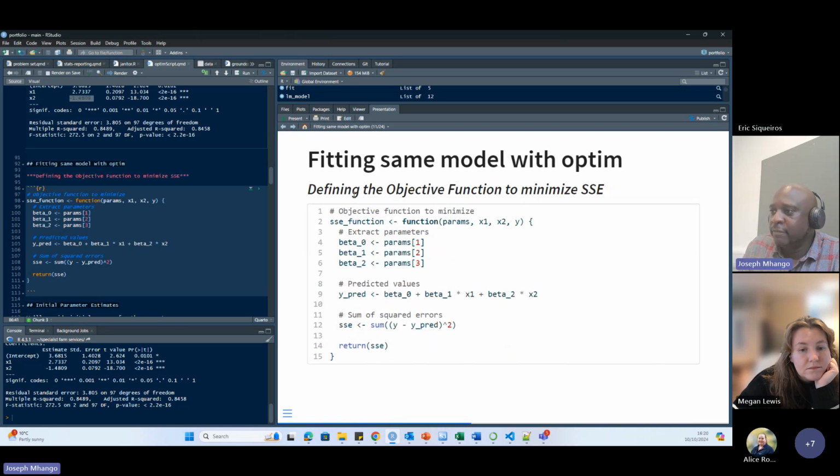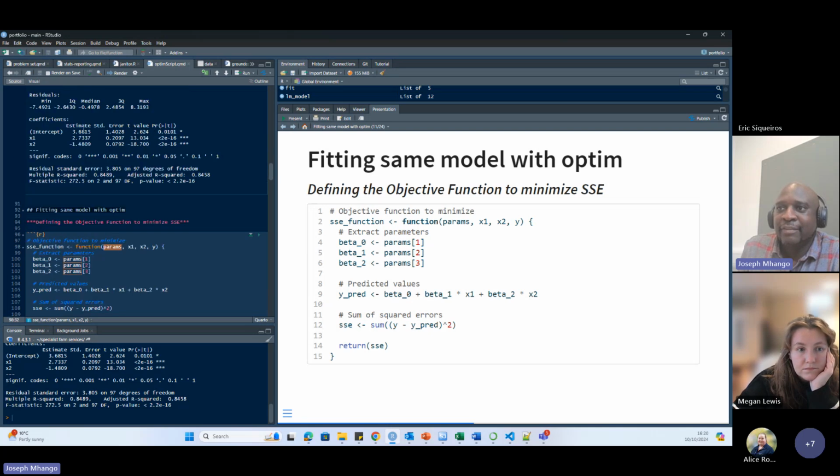So to fit this same model with Optim, first we have to define an objective function. So that sum of squares error that regression looks for. Let's define it first. So the first thing I do is make the objective function, and the objective function basically just takes any parameters, and those parameters must be 3, because we're trying to fit an intercept, an x1 and an x2.